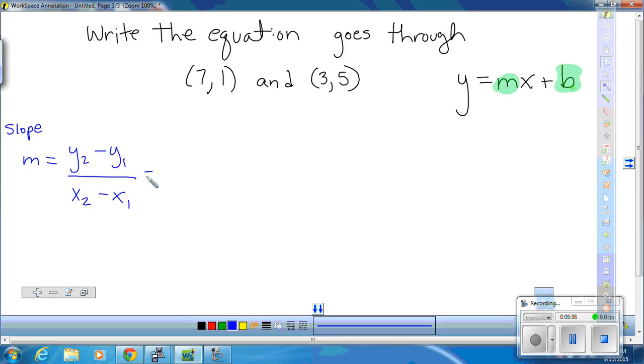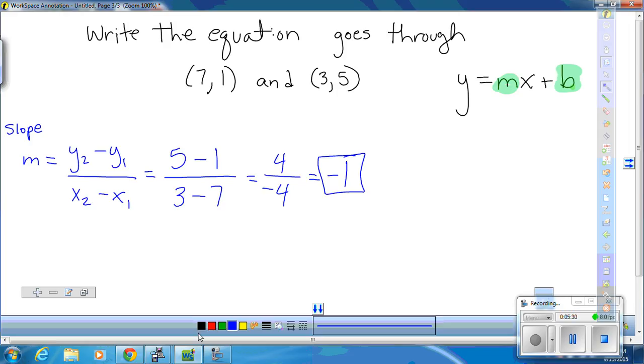So I end up with positive 4 divided by negative 4, which is going to be negative 1. So I know now that my slope is negative 1. So that's part of my equation. So now I know that y is equal to negative 1x plus b. Now I just need to figure out what b is equal to.